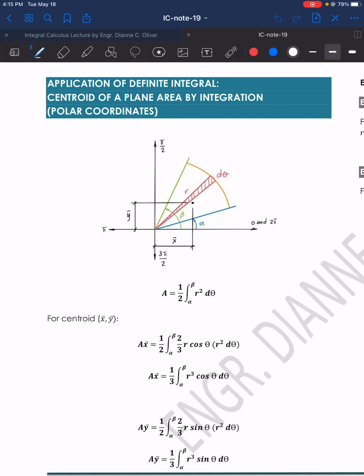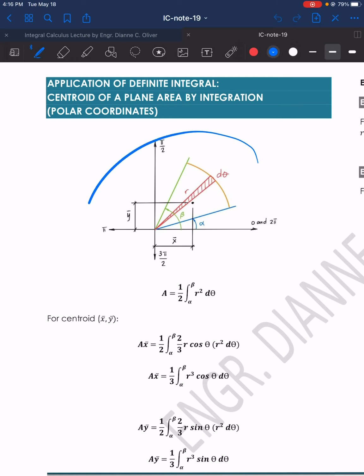Now, as for the centroid, we also have formulas for centroid, and here are the formulas to consider when we are solving for the centroid of a plane area in polar coordinates.